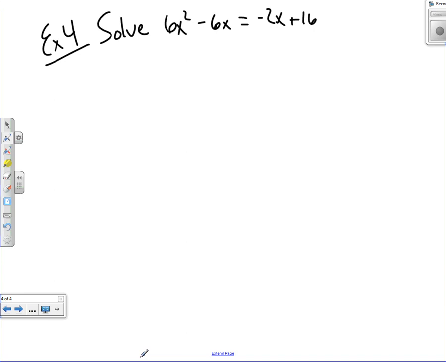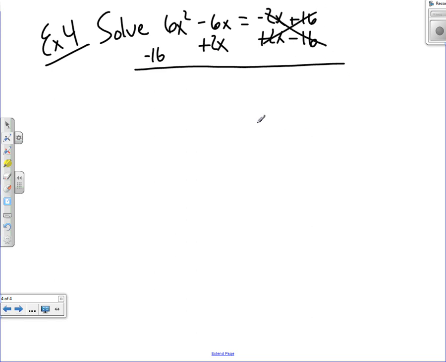And I'm going to do this in one swoop. The opposite of subtracting 2x would be to add 2x. I'm going to line up my like terms. And the opposite of adding 16 would be to subtract 16. I kind of offset it over here. All of this stuff cancels out on the right, and that gives us a big old 0.